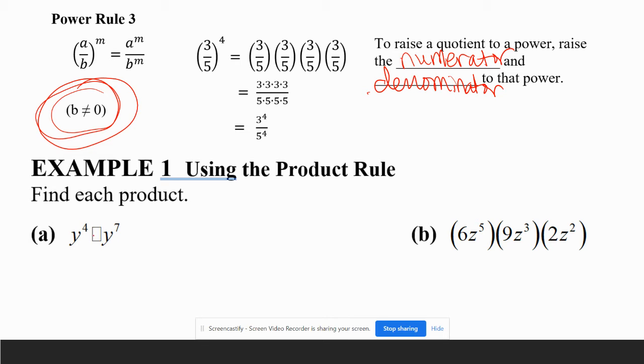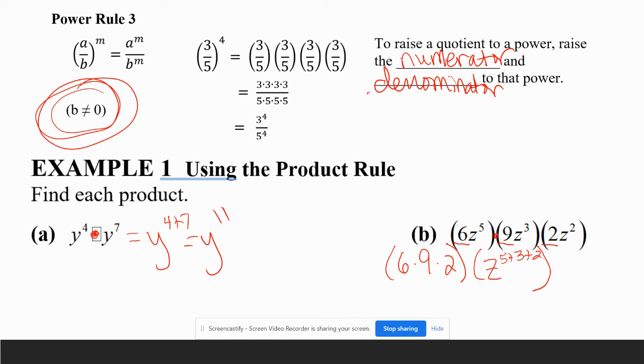Some practice on that. We have y to the fourth times y to the seventh. That means we can do y to the 4 plus 7, which is y to the 11th. For letter B, product rule, we're going to multiply like terms. 6 times 9 times 2, and then z, 5 plus 3 plus 2.